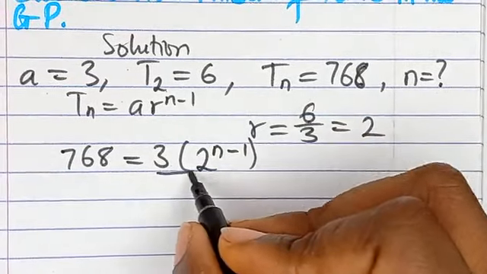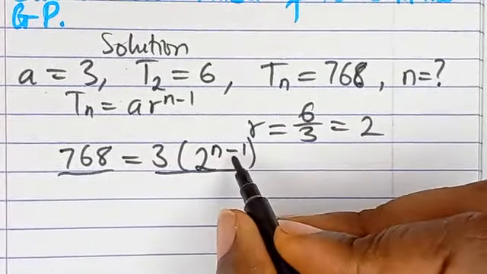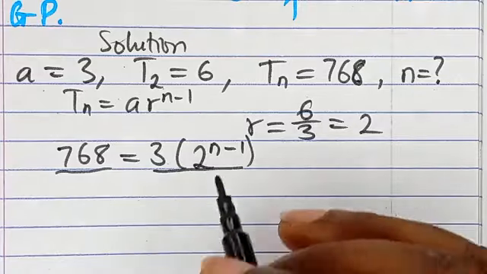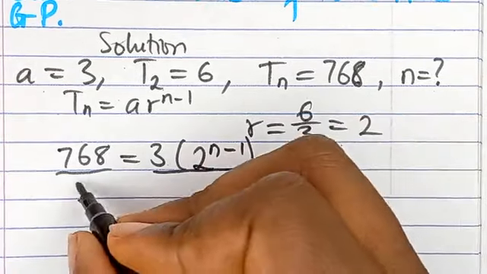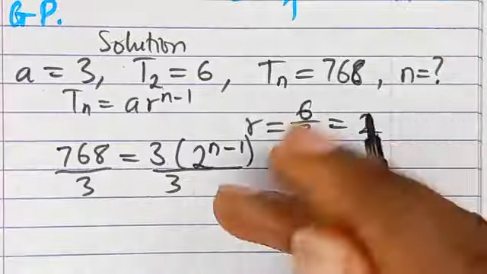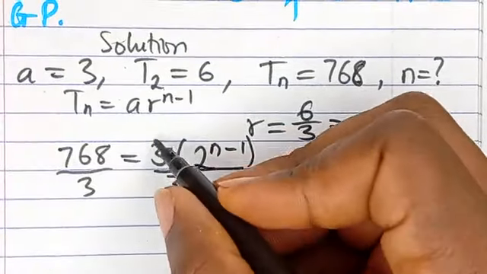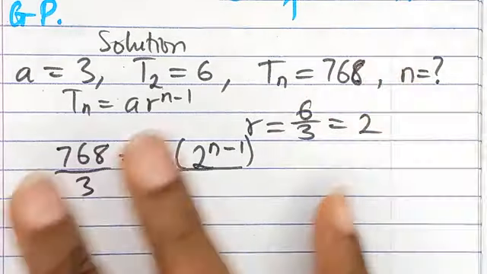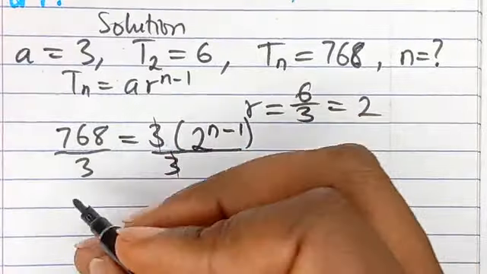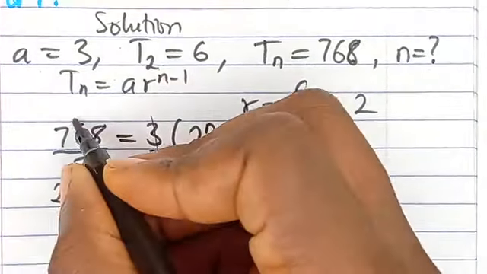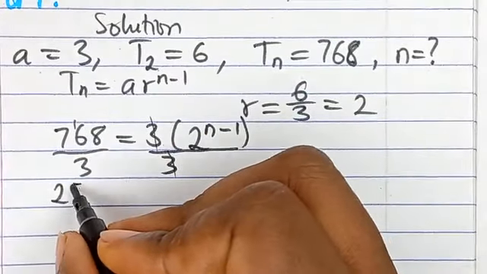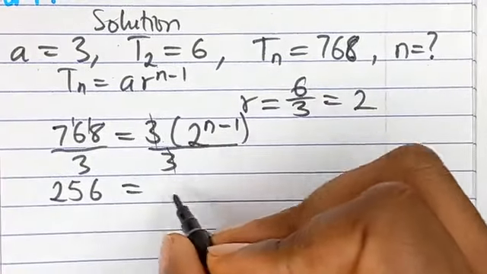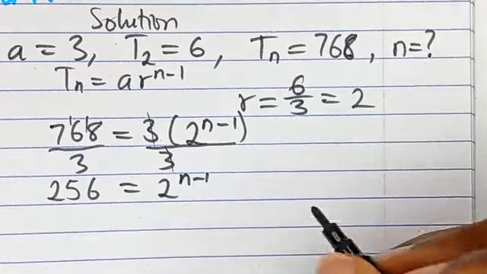What we now do is we divide both sides by 3, because in any equation you want to solve, what you want to do is to isolate the unknown term. So we divide both sides by 3, so it goes away, we are just left with this bracket. So when we divide both sides by 3, 3 into 7 is 2, remainder 1, 3 into 16 is 5, remainder 1, 3 into 18 is 6. So 256 is equal to 2 raised to power n minus 1.